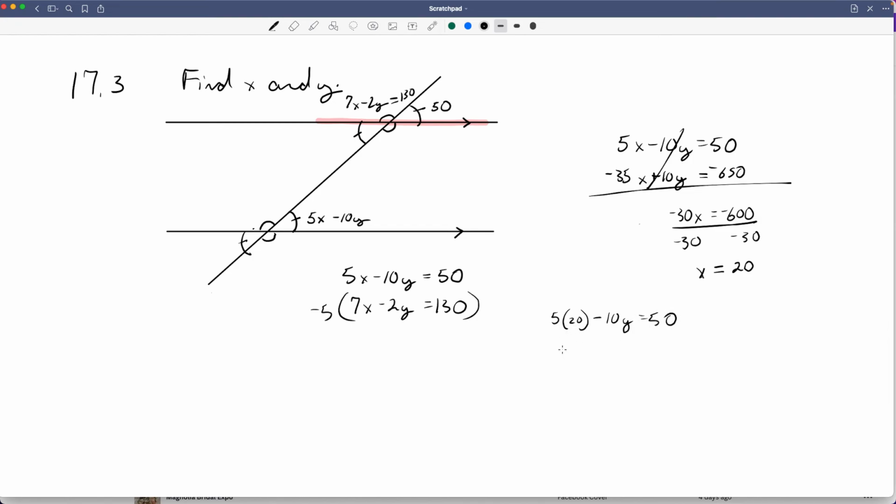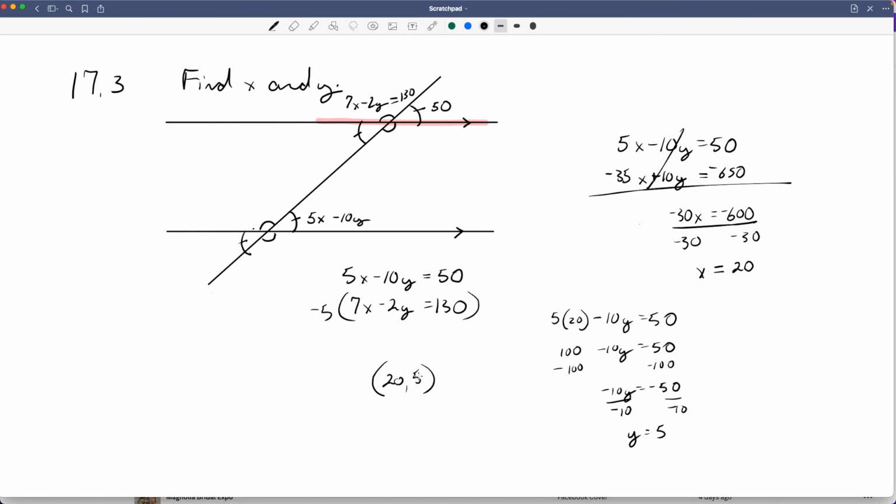So if 5 times 20 is 100 minus 10y, if I subtract 100 from both sides, I get that negative 10y is equal to negative 50. And when I divide both sides by negative 10, y is equal to a positive 5. So now I have the value of x, which is 20, and y, which is 5.